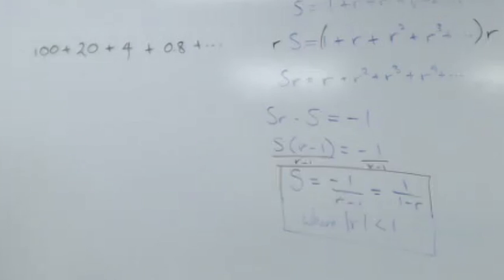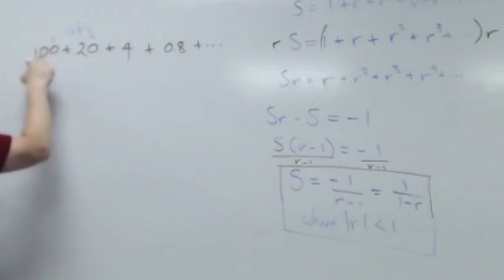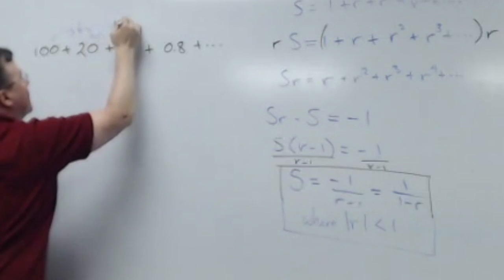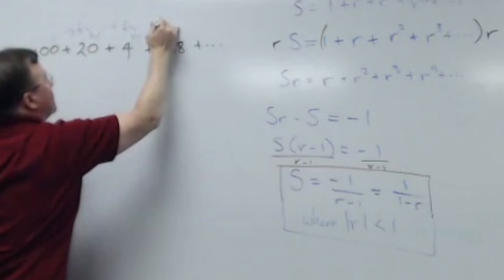So what I would do is factor out, because you notice that 1/5 of 100 is 20, and 1/5 of 20 is 4, and 1/5 of 4 is 0.8.